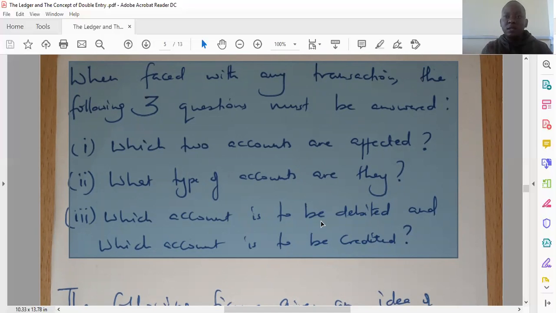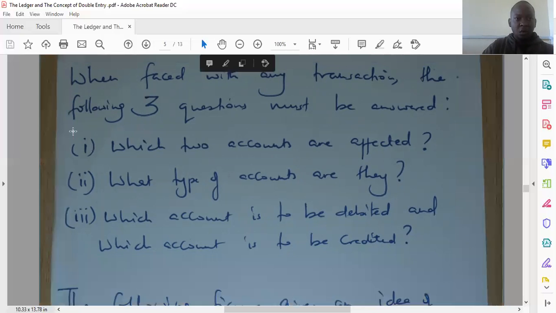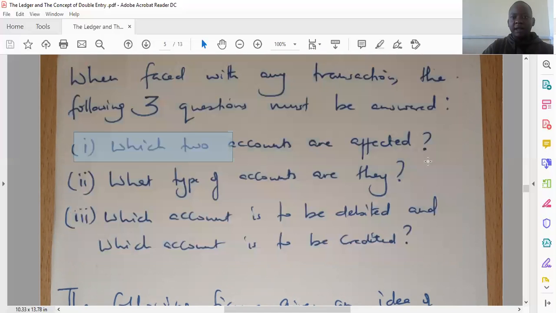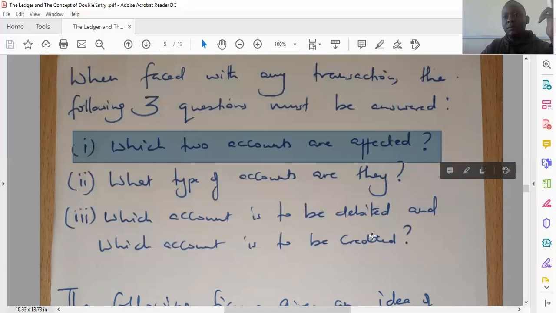So for you, the student, whenever faced with the question of recording transactions in the books of accounts, you must answer the following three questions. One, which two accounts are affected? So in most cases, there must be two accounts that are being affected by a transaction.